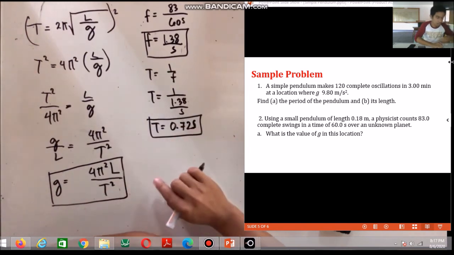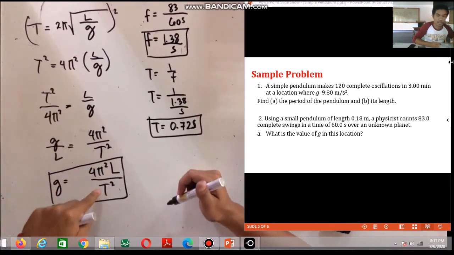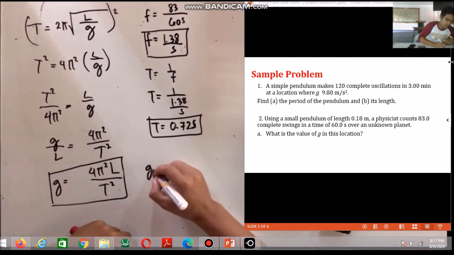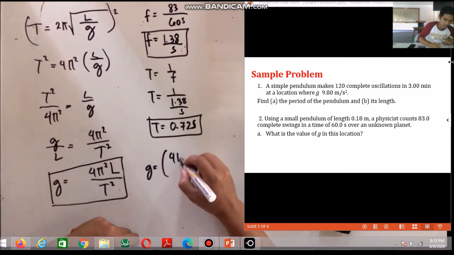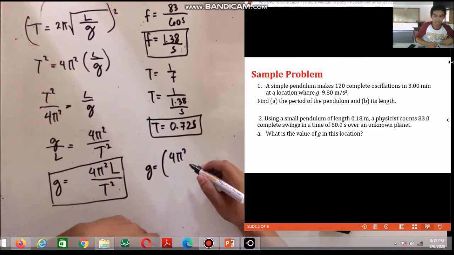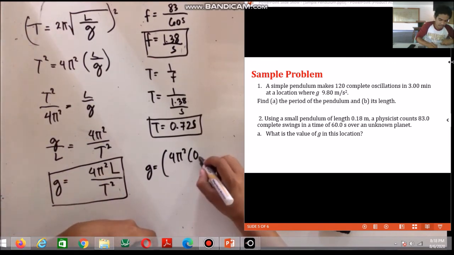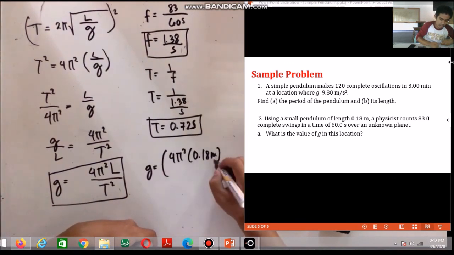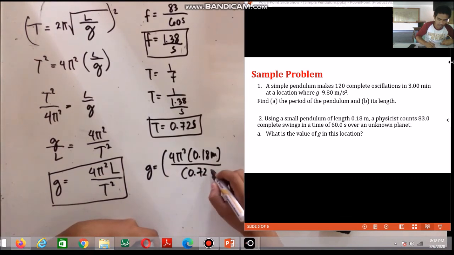So can we now solve for g? We have L as the length of the pendulum and the period T. So g here equals 4 pi squared, where pi is approximately 3.1416, and the length is 0.18 meters, over the square of the period.